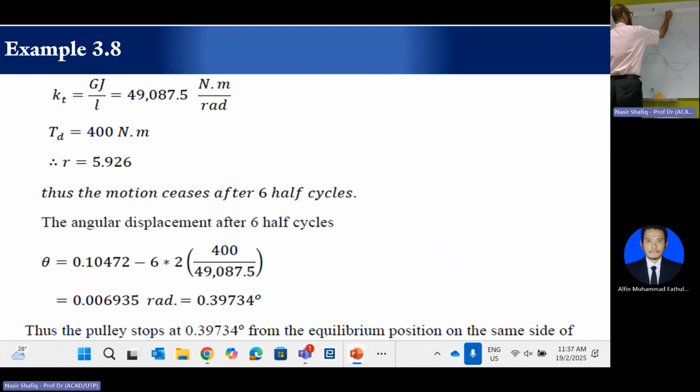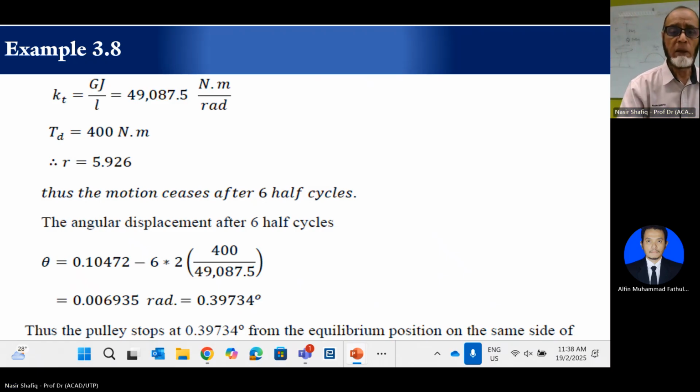So G is equal to 79.3 gigapascal. We have to convert gigapascal to Newton per meter square.